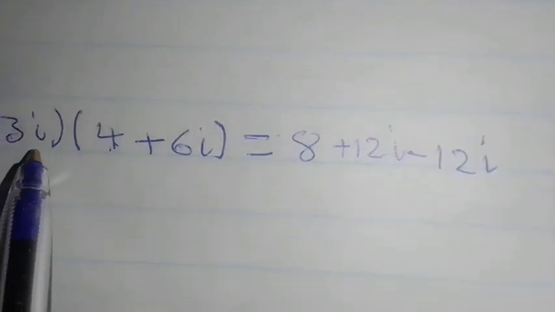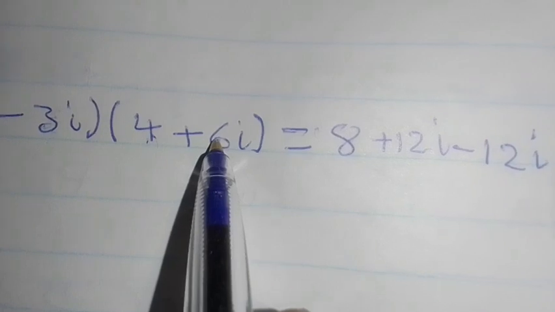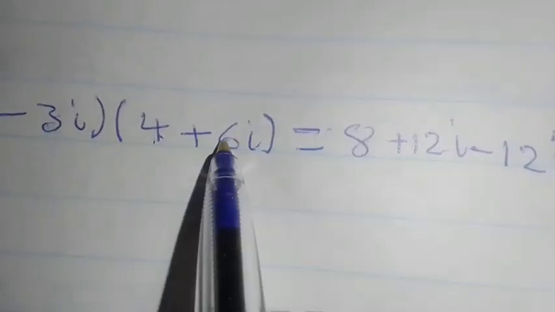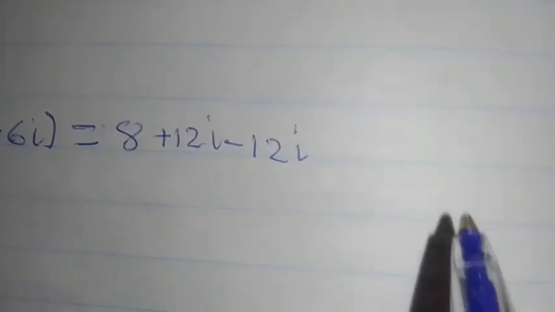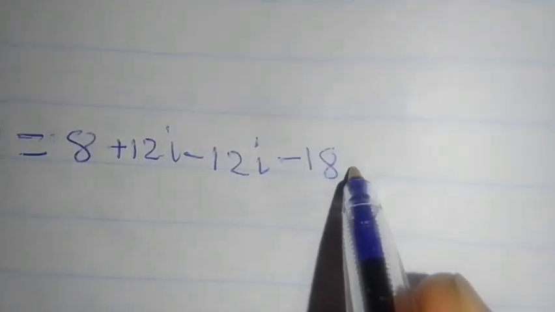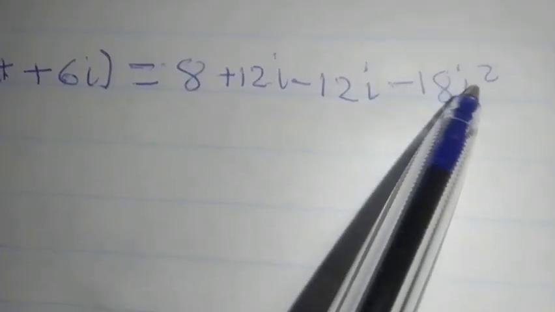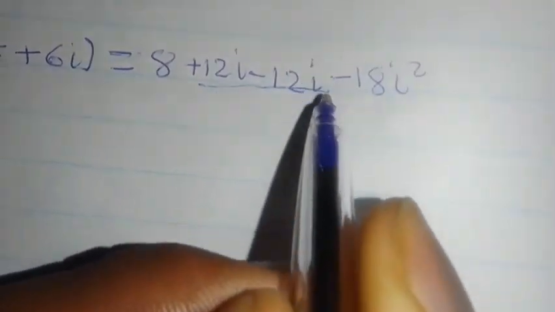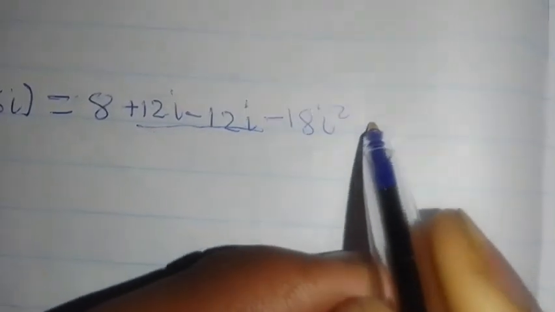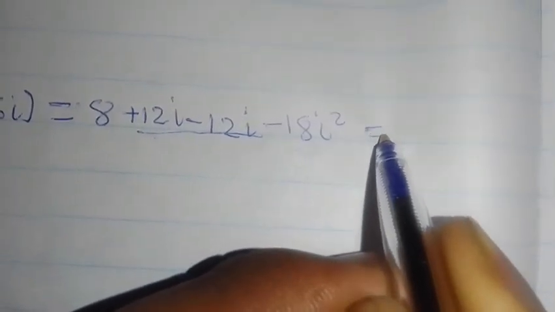and then minus 3i multiplied by 6i, minus 3 multiplied by 6 is gonna be minus 18, and i multiplied by i will be i squared. So now notice that these two terms will cancel each other, right? And now i squared is equal to minus 1, right?